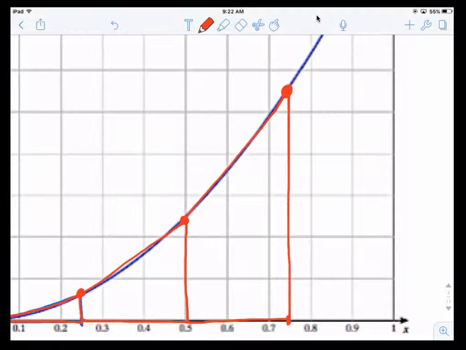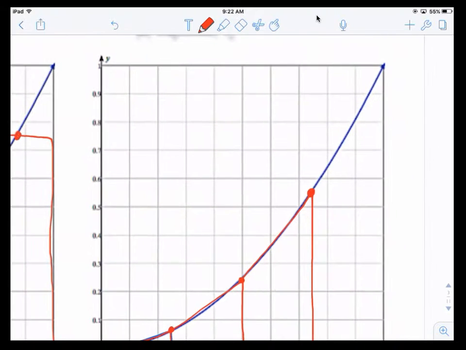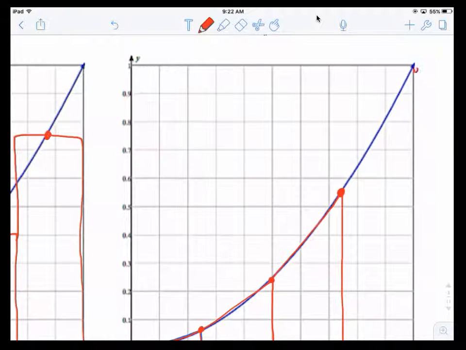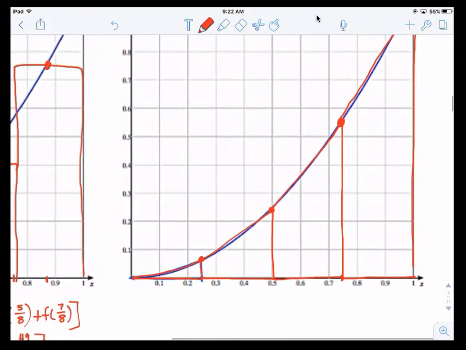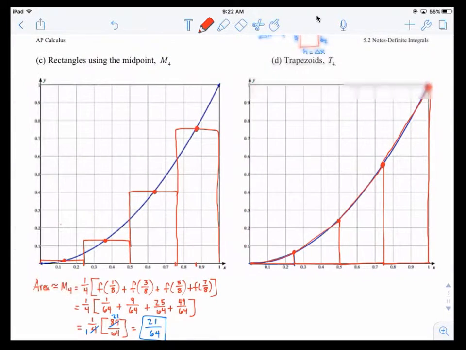Right, so now it's looking better. And then the last one would be from 0.75 to 1. So yeah, this one's looking pretty good.